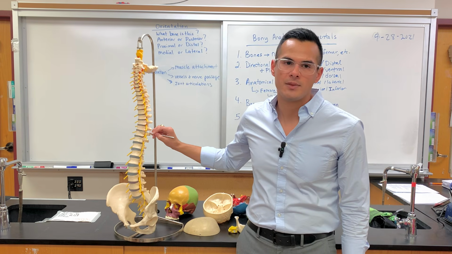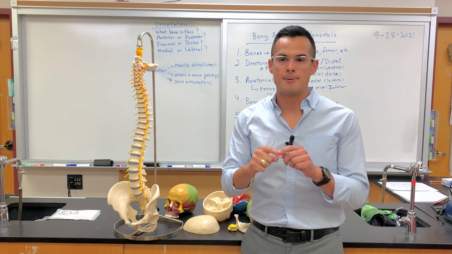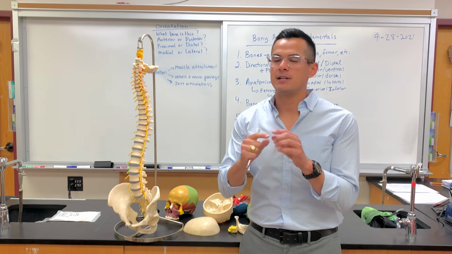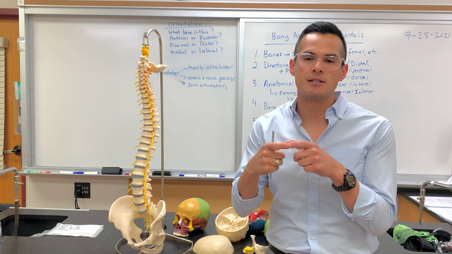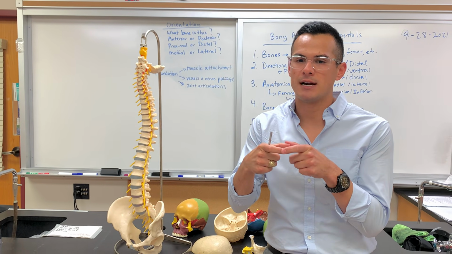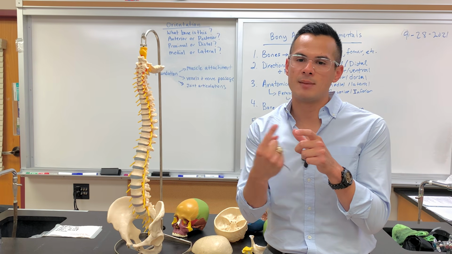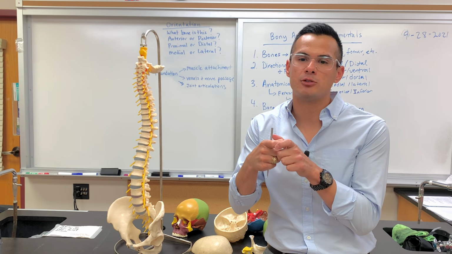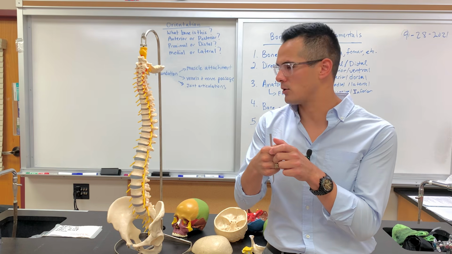To keep the contents on the inside, we have the annulus fibrosus on the outside, this collagen that wraps around it, and on the inside is the nucleus pulposus, the gelatinous part in the middle.